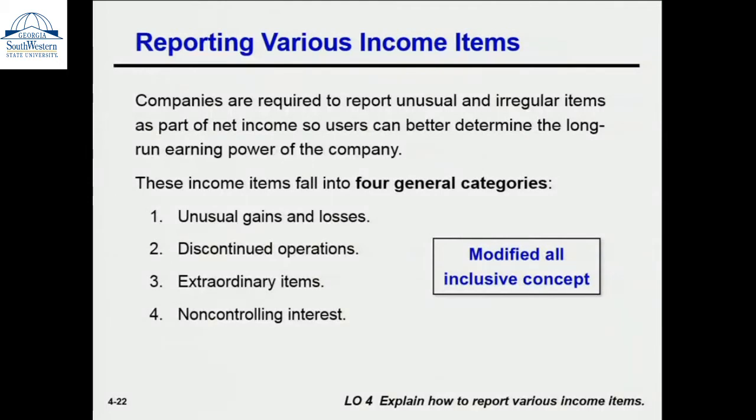My point is just this. Those are items that we have not seen before that are added to the bottom of our normal income statement. And also look at the earnings per share section. The earnings per share section has earnings per share disclosure for both of these items.